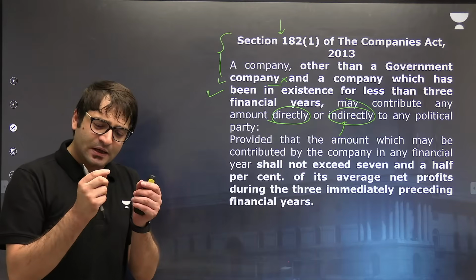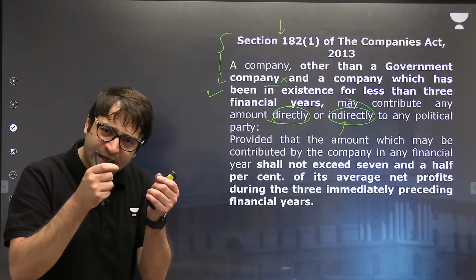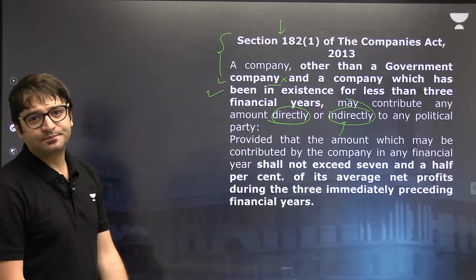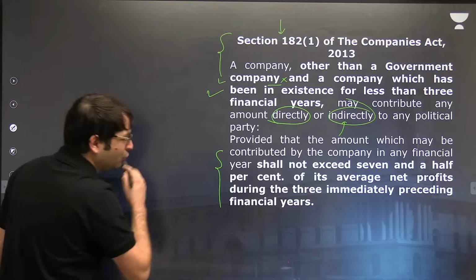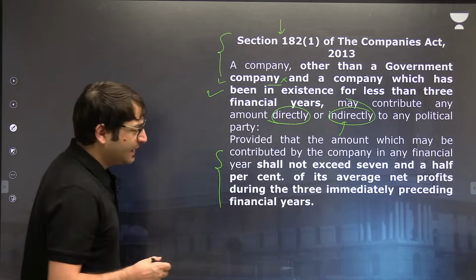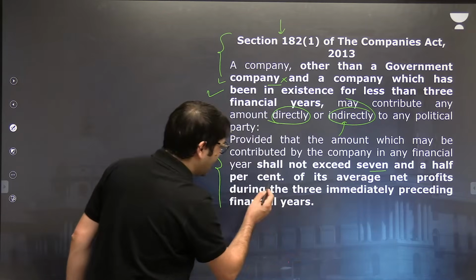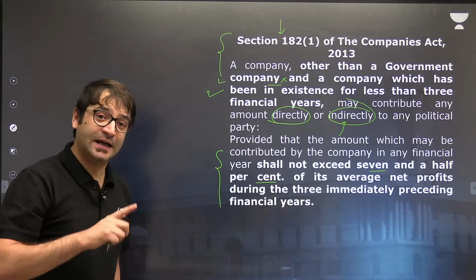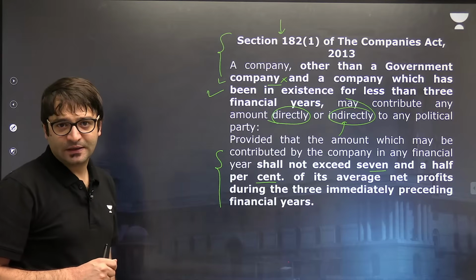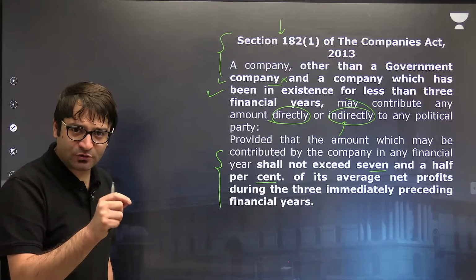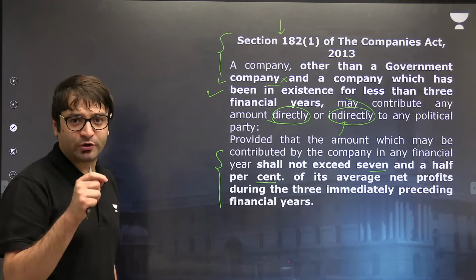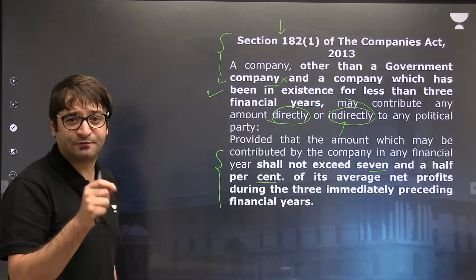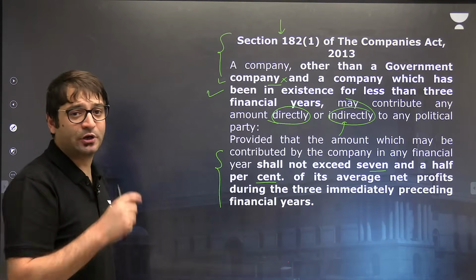The limit was exactly how much money you can donate to a political party. You cannot donate in excess of 7.5% of your profits in the last 3 years. Whatever aggregate profit you have generated in the last 3 years, you cannot donate more than 7.5% of those profits to a political party.